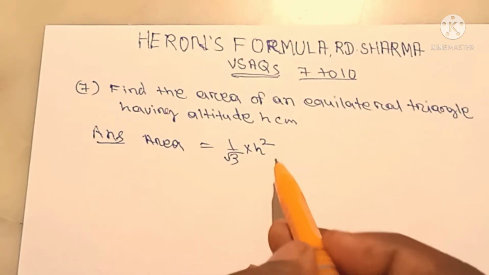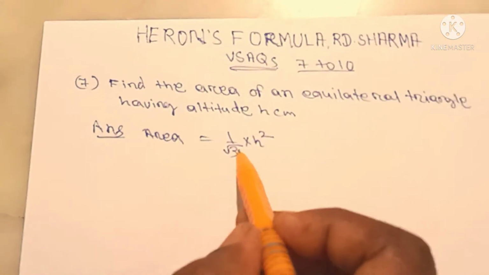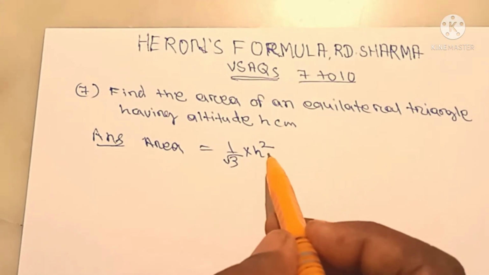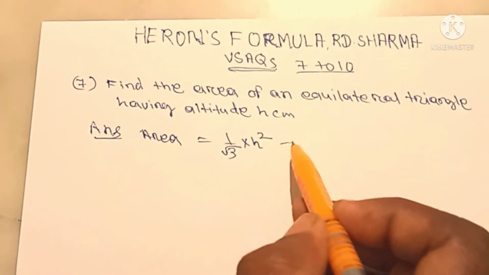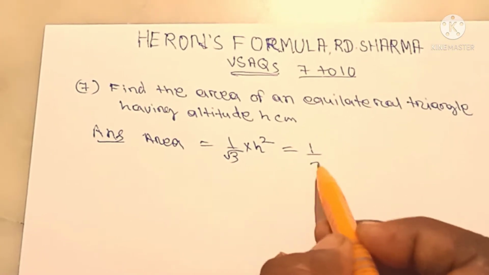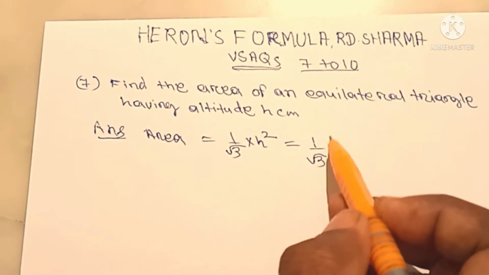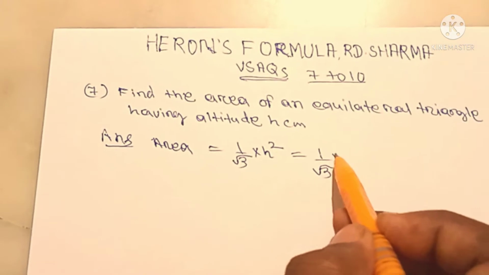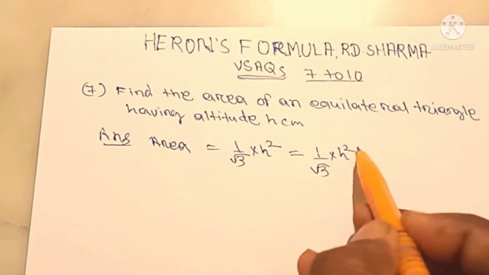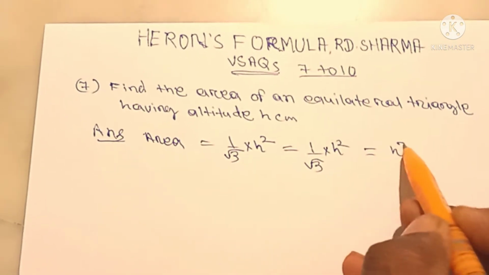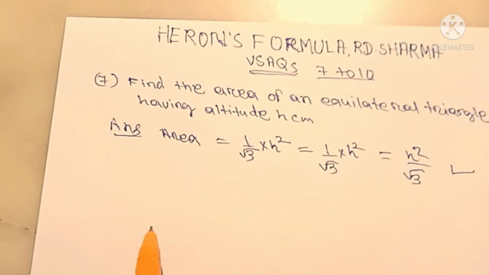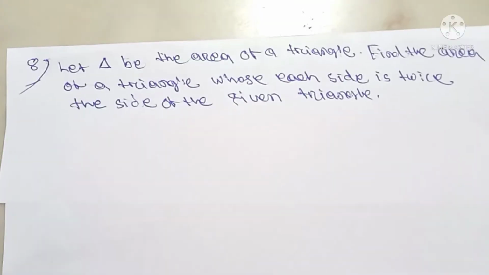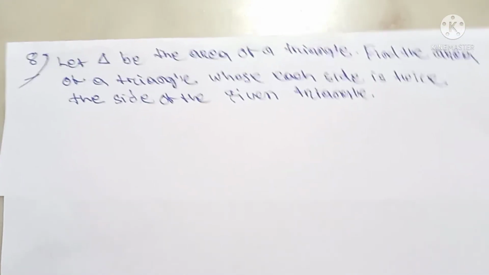When altitude is given, the area is 1 by root 3 into h square or altitude square, equal to 1 by root 3 into altitude h square, so h square by root 3. This is the answer. Next, number 8.